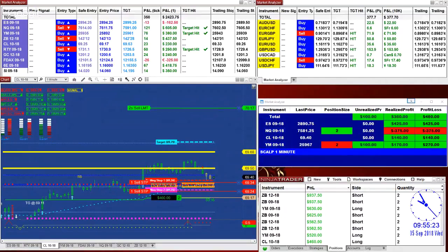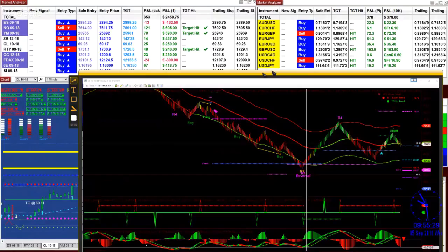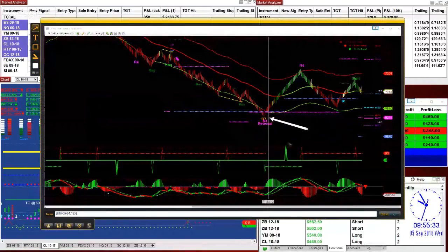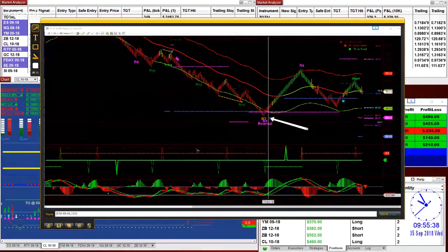Yesterday, I was surprised. A few people followed me on the trade on the CL. Yesterday, we called that trade here. And even non-members followed me on that trade, and they did very well. Some of them were on a sim, some of them were live, which we're not responsible for any of your live trade.